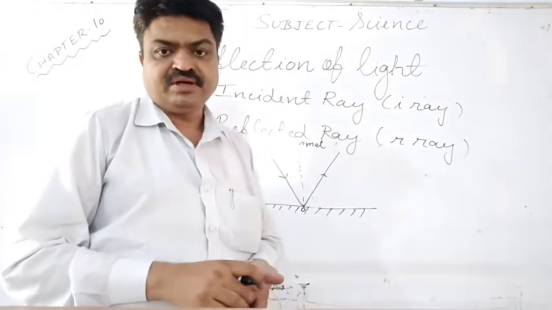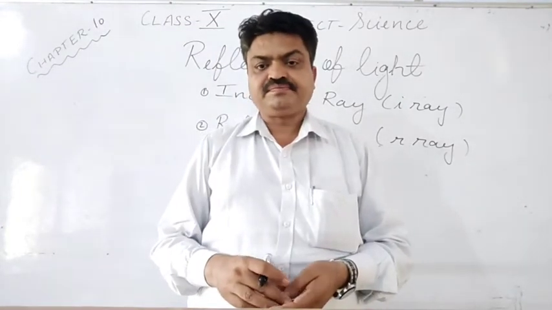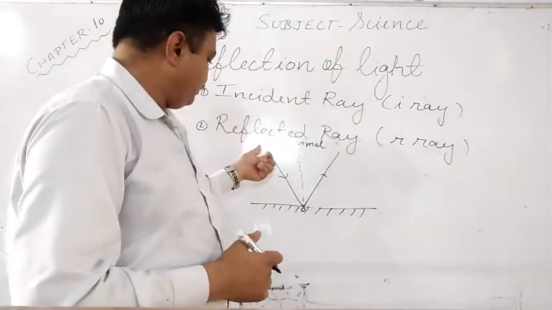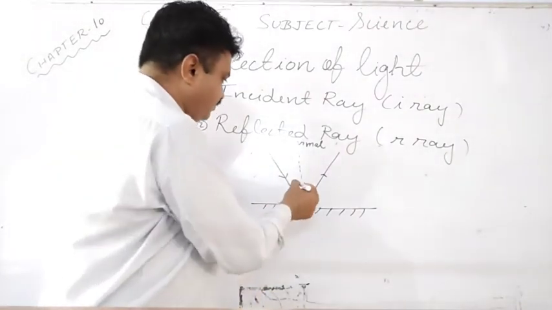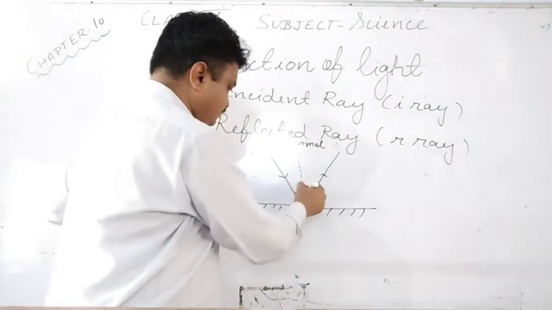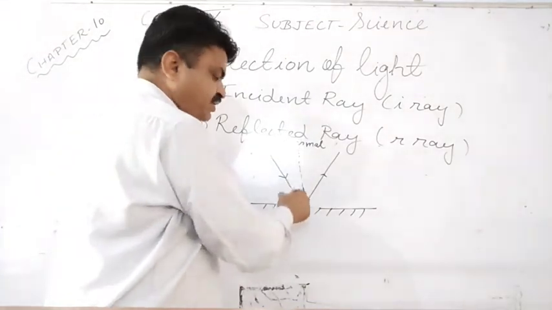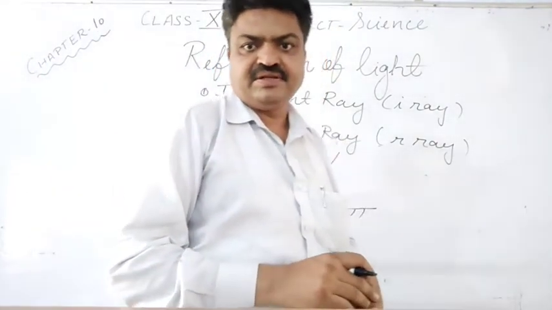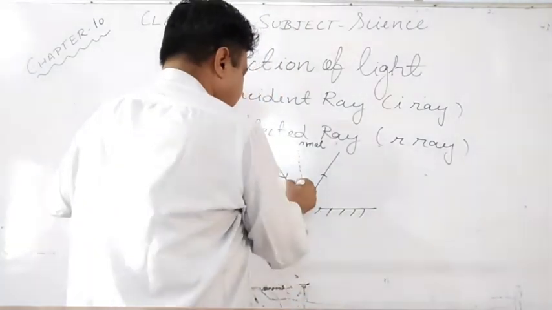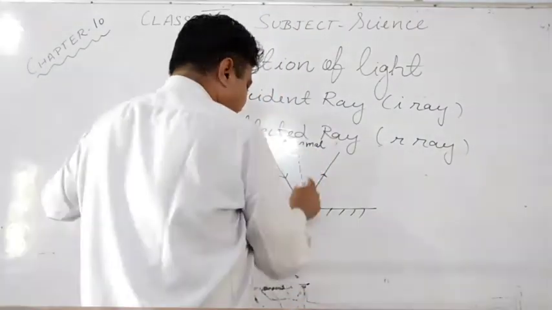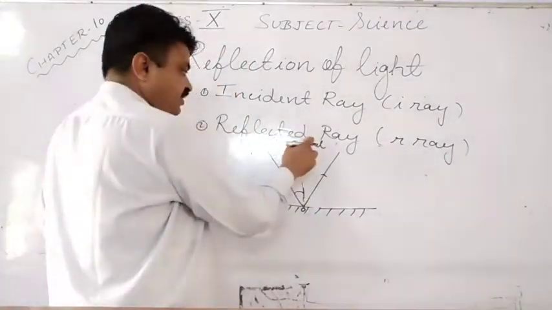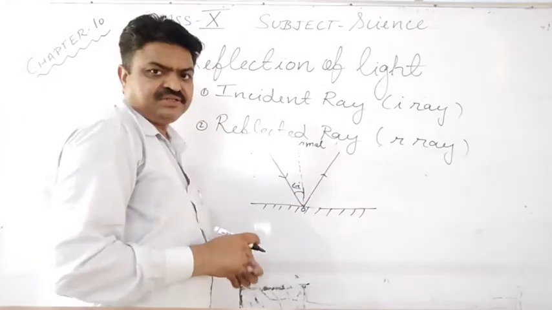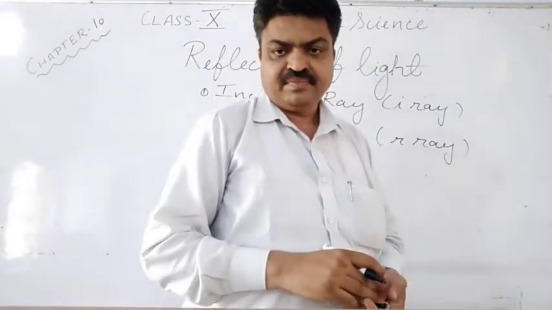When a ray falls on a particular object, that ray is known as the incident ray, and the angle formed between the normal and the incident ray is known as the incident angle.